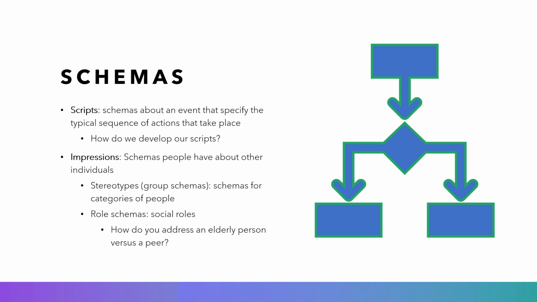We also have impressions. These are schemas that people have about other individuals. So first, there are stereotypes or group schemas. So these are schemas for groups of people. Over time, through media, socialization, and stories, we develop broad ideas about what a category of people are like.